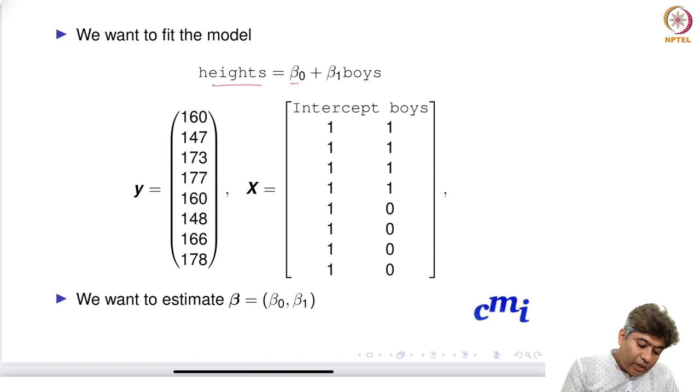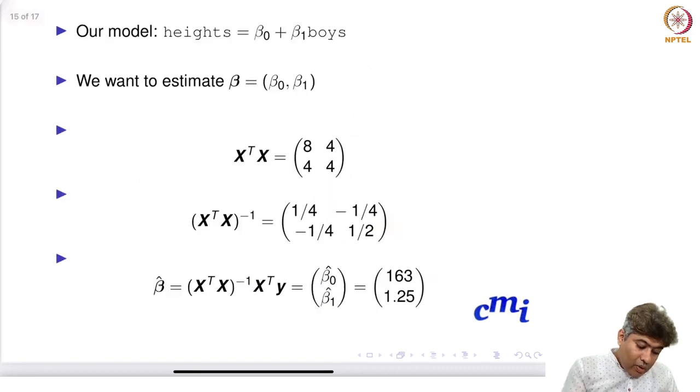So we say height is beta naught plus beta 1 times boys. We do a one-hot encoding, or create a dummy variable for boys: the first 4 values are ones, and the next 4 values are zeros. We also create an intercept column of all ones. So our model is height equal to beta naught plus beta 1 times boys, and we want to estimate beta naught and beta 1.